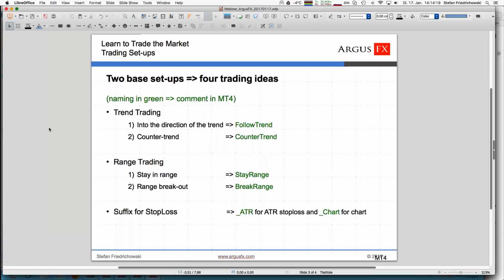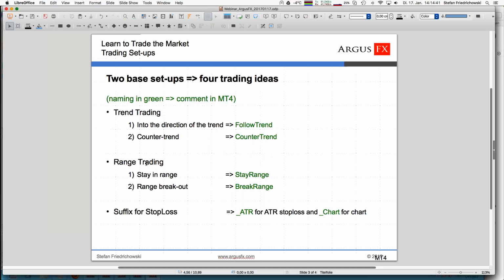So that would mean that we enter a trade into the opposite direction, and that is then called counter trend. So if we would follow the trend, then we would label the trade follow trend, and if we do exactly the opposite, then we call that trade counter trend.